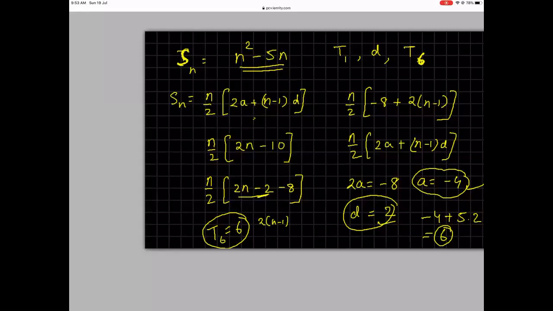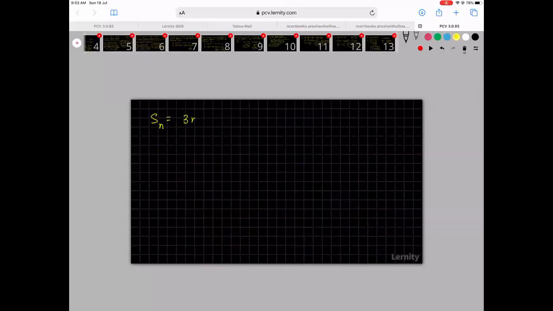Okay. So if you understand this, here is a question. Sn is equal to 3n square plus 15.